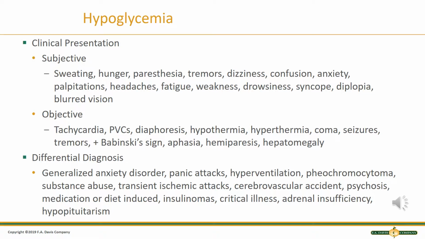They may have some trouble speaking, and they may have some weakness on certain sides of their bodies, or they may even have an enlarged liver, but you're typically only going to see this if it's an alcohol abuse issue that's causing the hypoglycemia. The differential diagnoses can be varied, and as you look at the clinical presentation, you can imagine how some of these diagnoses would present the same way. So you'll have to do a very clear and thorough workup for these patients.